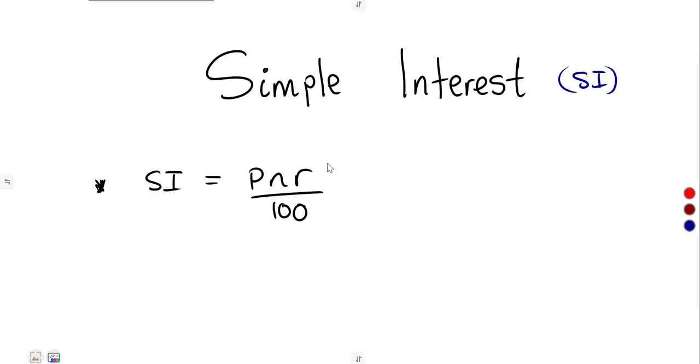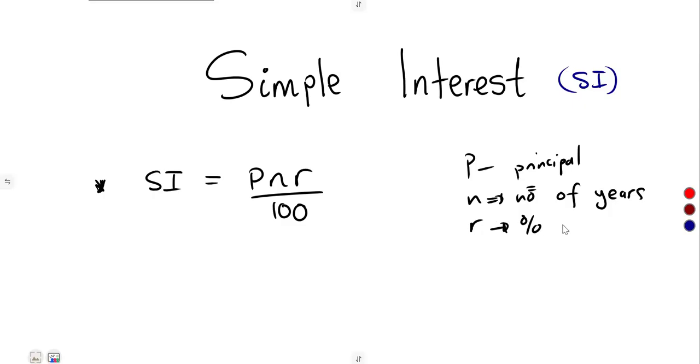P is the principal, n is the number of years, and r is the percentage rate. So this is your simple interest.